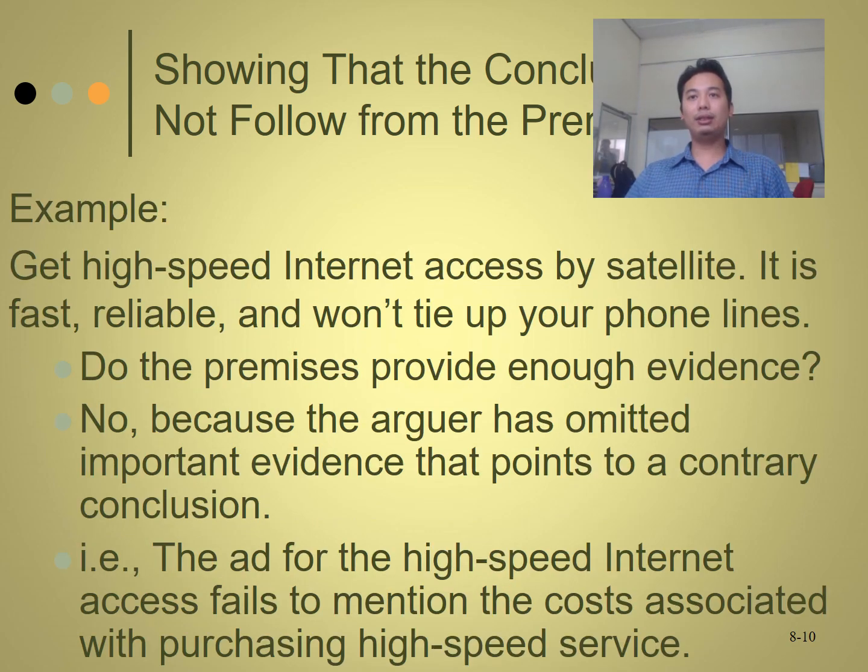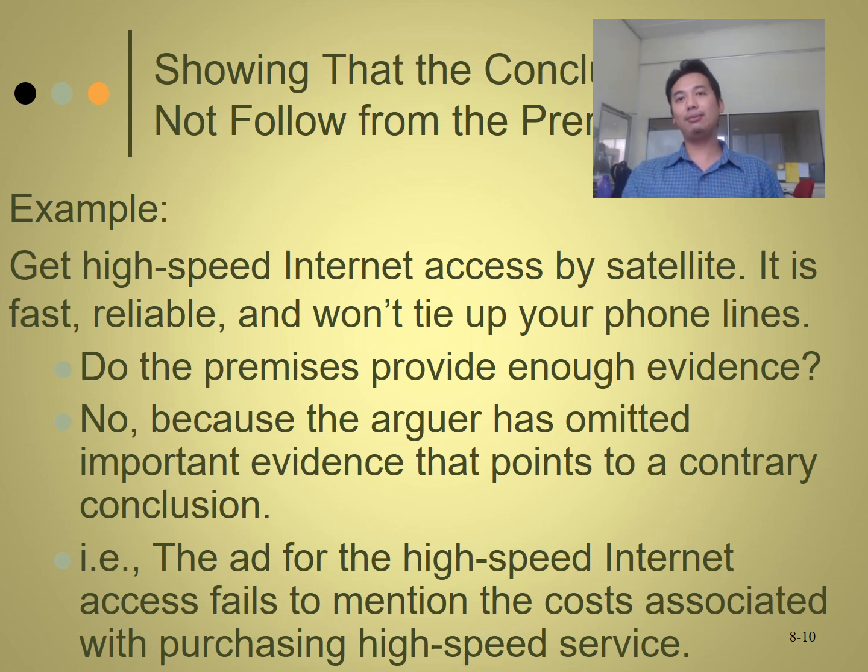So let's go into this example over here. Get high-speed internet access by satellite. It is fast, reliable, and won't tie up your phone line. If you look at the premises, the second sentence in this argument, can we assume that we can accept the conclusion of getting high-speed internet access by satellite as something which is acceptable?